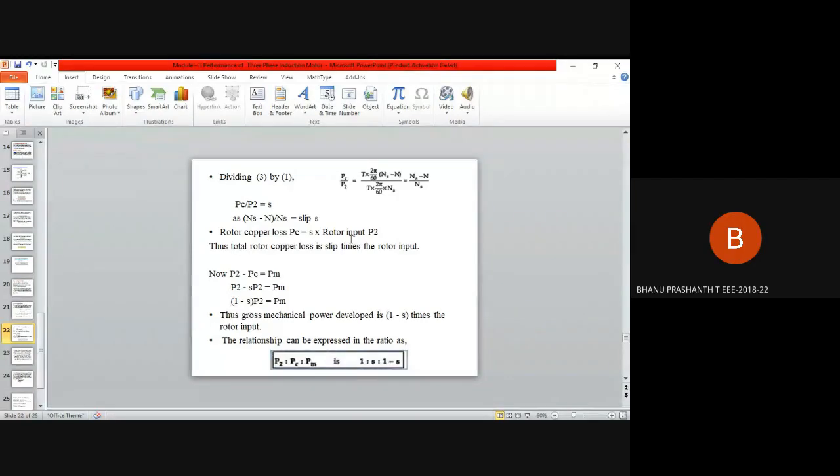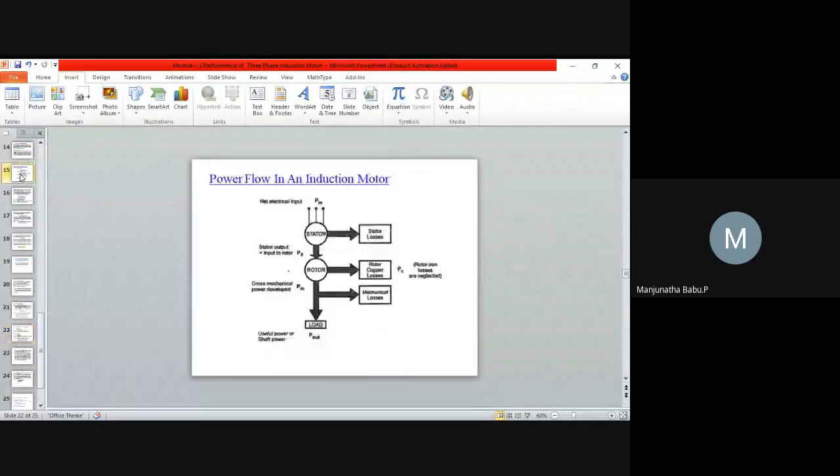Yes, sir. Okay, so now I'll go for the flow diagram. We require the output here. We know the synchronous speed. To find the output, input is given and stator losses are given, so we have to find the middle values: P2, PC and PM.